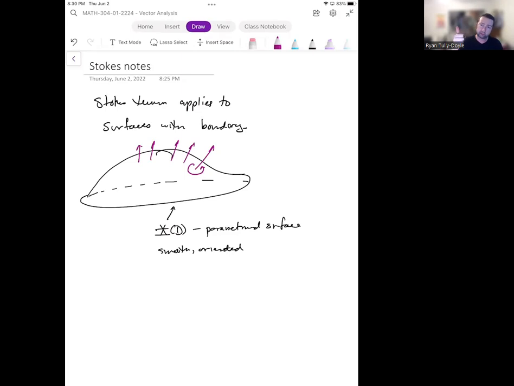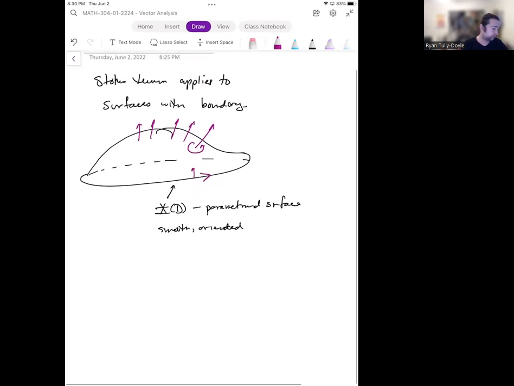You hold your thumb straight up to indicate the direction that the vector is pointing, and the way that your fingers curl around tells you how the orientation should wrap around that vector. So that induces an orientation on the boundary. If you have an upward pointing orientation, then the boundary is going to orbit this way. The orientation of the boundary is supposed to make it so that the surface is to the left. So that's over here.